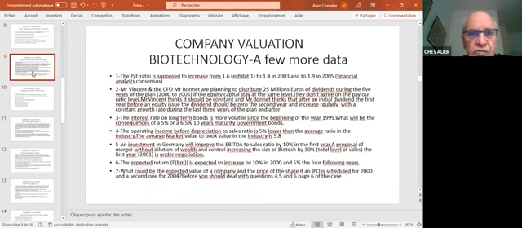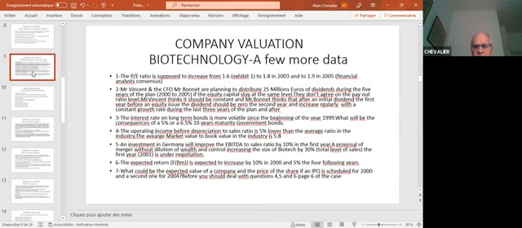And I add progressively some more elements, information, and data. Let's read the content here. The P ratio is supposed also to increase from 1.6, which is what you find in that case, exhibit 1, to 1.8, and later to 1.9.